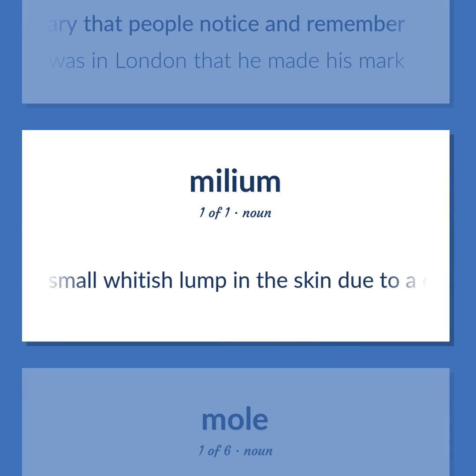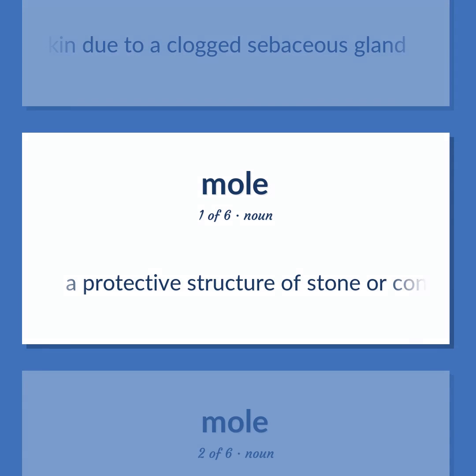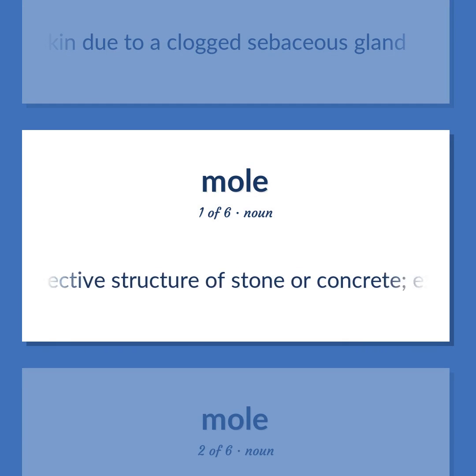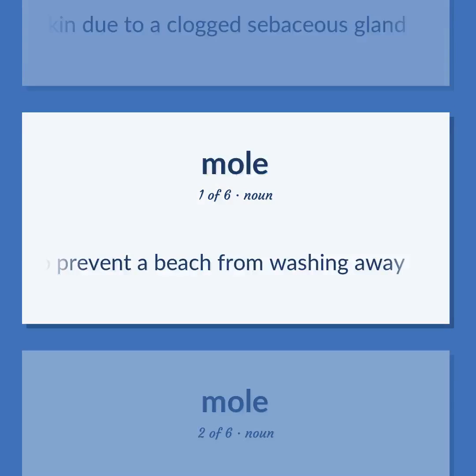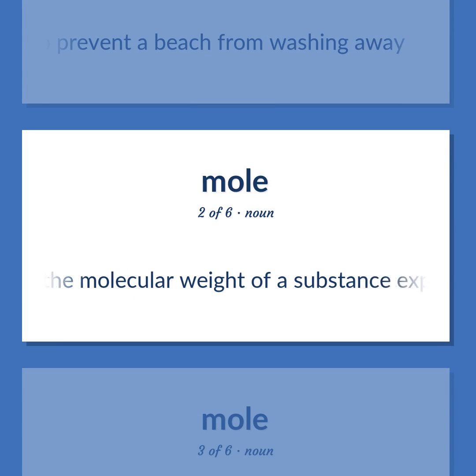A small whitish lump in the skin due to a clogged sebaceous gland. A protective structure of stone or concrete. Extends from shore into the water to prevent a beach from washing away. The molecular weight of a substance expressed in grams, the basic unit of amount of substance adopted under the Système International d'Unités.